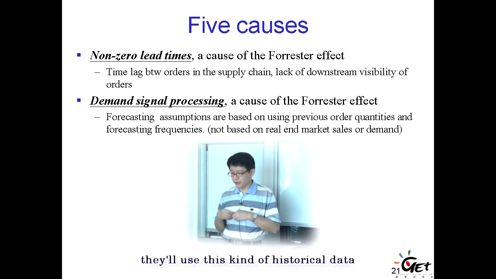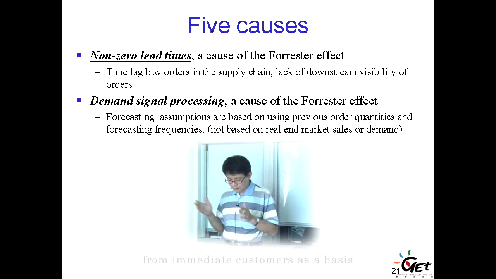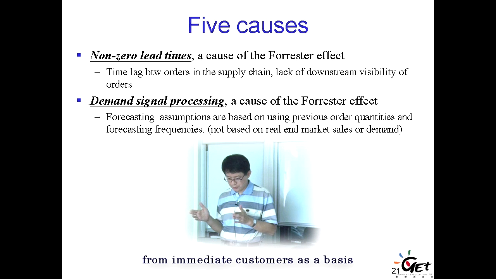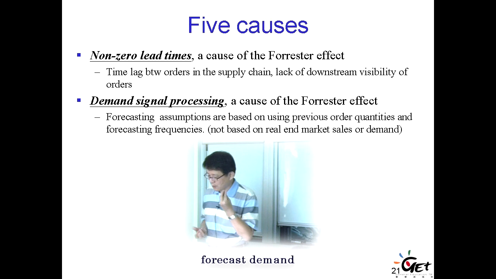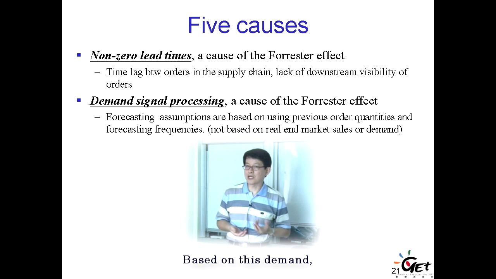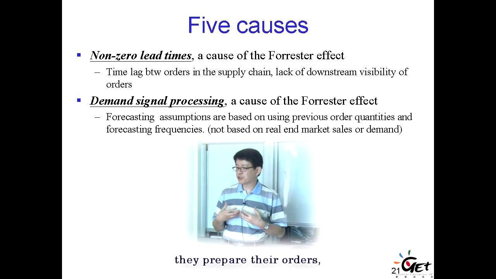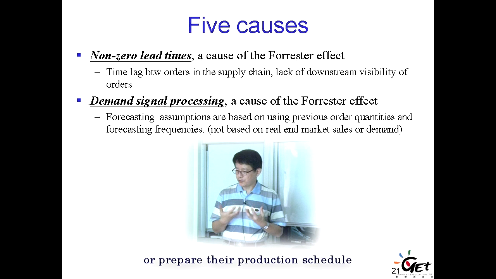So typically, they will use this kind of historical data from their immediate customers as a basis for the forecast model and come up with a forecast demand. Based on this demand, they prepare their orders or their production schedule.